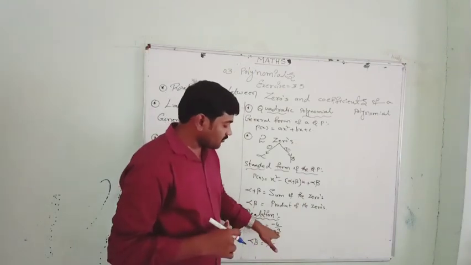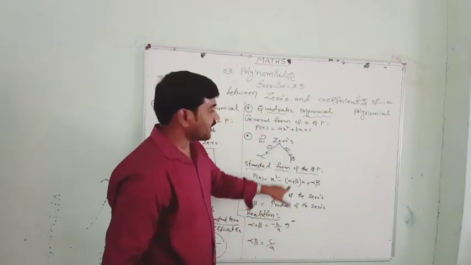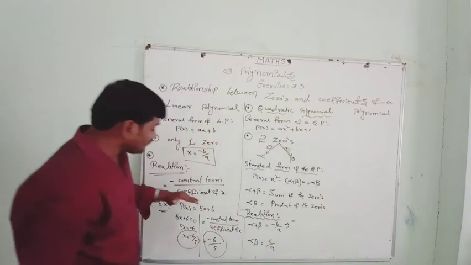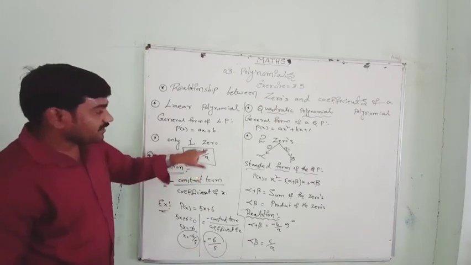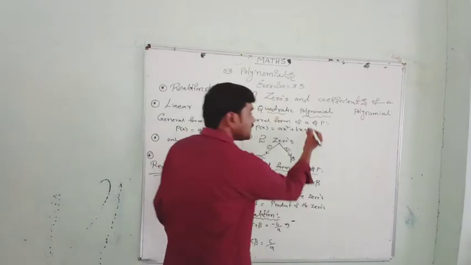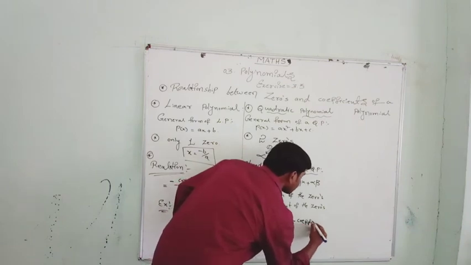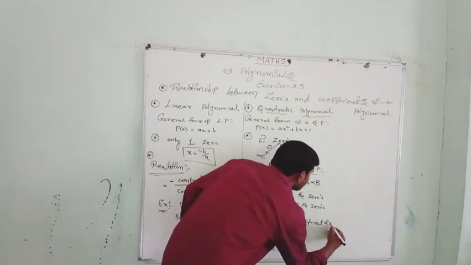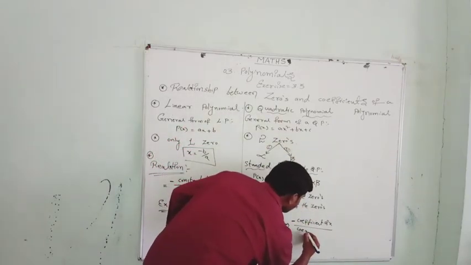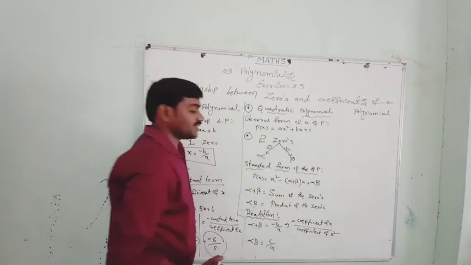See, alpha plus beta equal to minus b by a, no? What is b here? b is nothing but the coefficient of x. This relation we have to check with the general form. See, minus b by a: here b in the sense the coefficient of x, a in the sense the coefficient of x square.